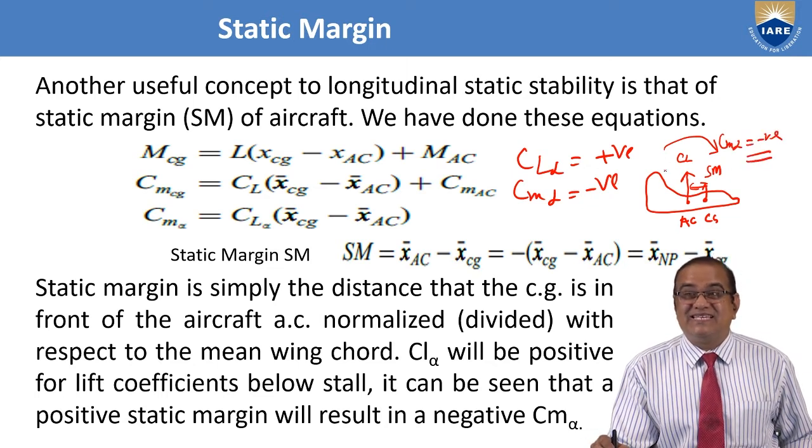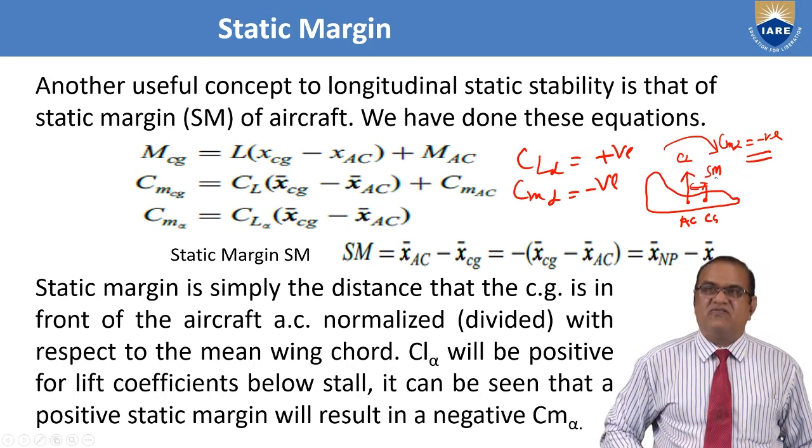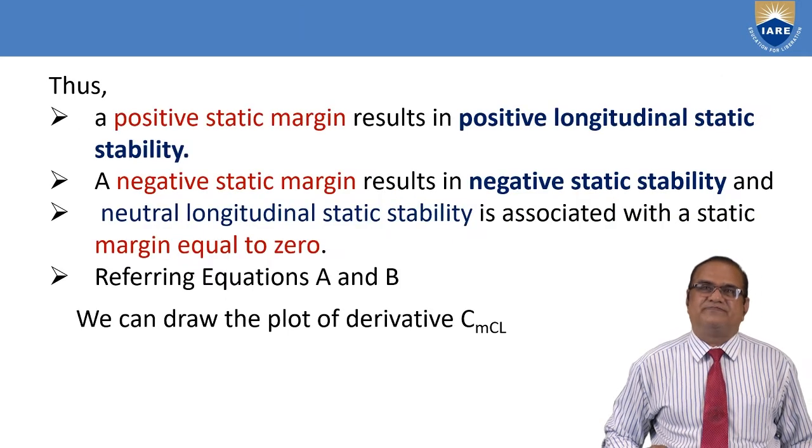That is why CL will be positive, and if AC is behind the CG, then this will be a statically stable aircraft. That is the meaning of this.